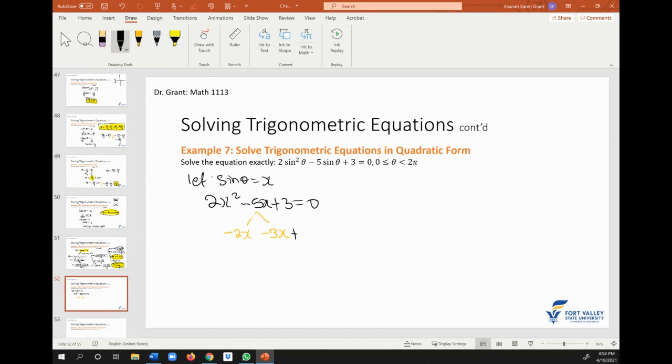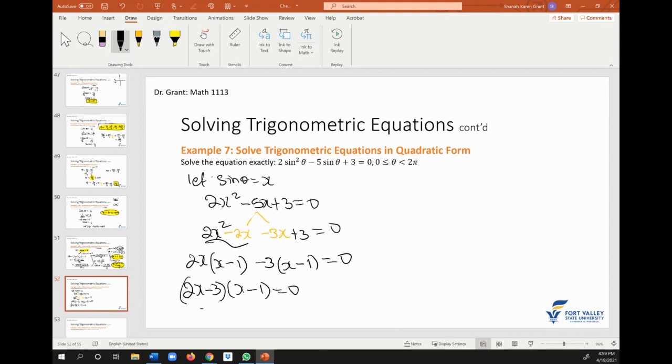So I'm splitting them up from this part here. So factor by grouping: this becomes 2x minus 3 times x minus 1 equals 0.